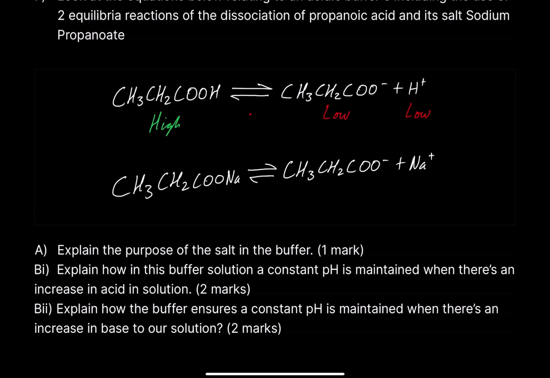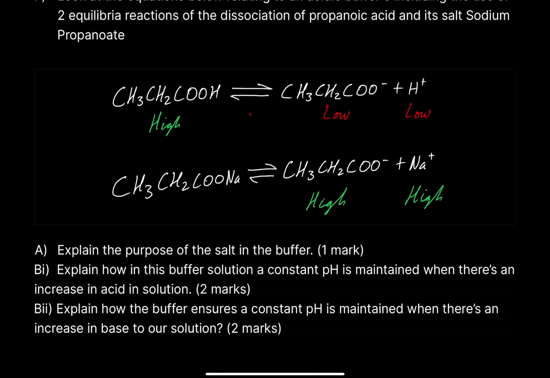Whereas sodium propanoate is a salt, so it fully dissociates in solution. So we expect to have a high concentration of propanoate ions and a high concentration of the sodium ion. That's more of a spectator ion, if I'm being honest. That's not really the most important part.